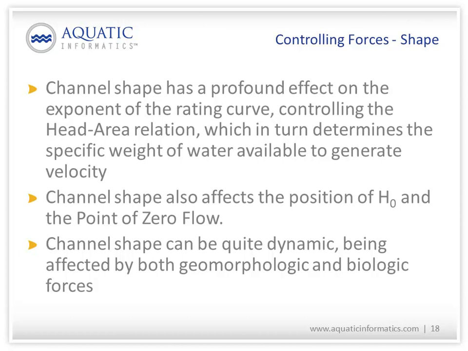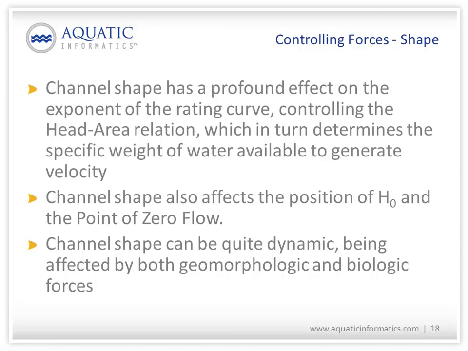Without a doubt, the most important factor from the head loss equation is channel shape. This is the cross-sectional shape over the length of the controlling reach. It has a profound effect on the exponent of the rating curve because it controls the cross-sectional area available at any given stage, which is directly related to the specific weight of water, the mass of water available at any given stage to drive flow.